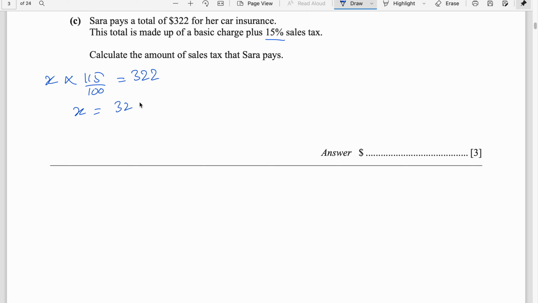So the basic price should be $280. So 322 minus 280 is 42. So the amount of sales tax she pays is $42.